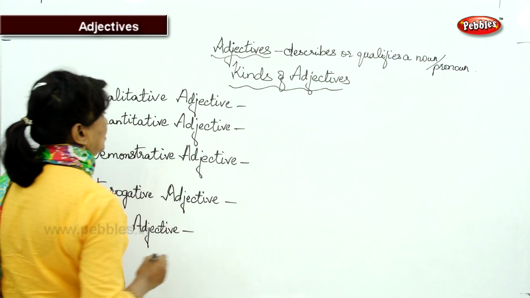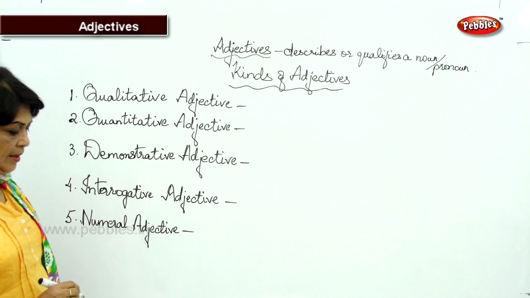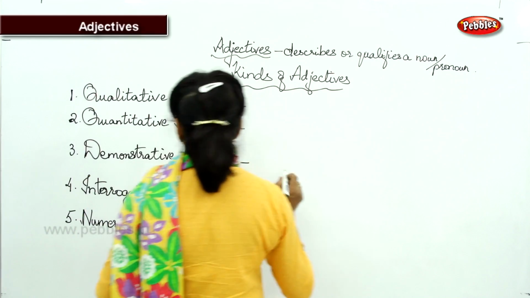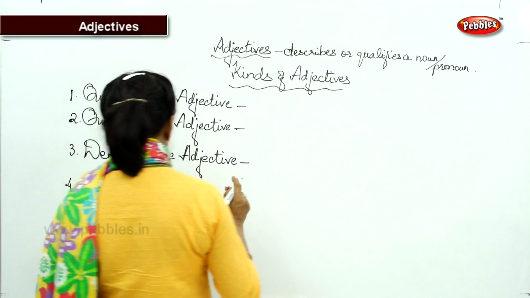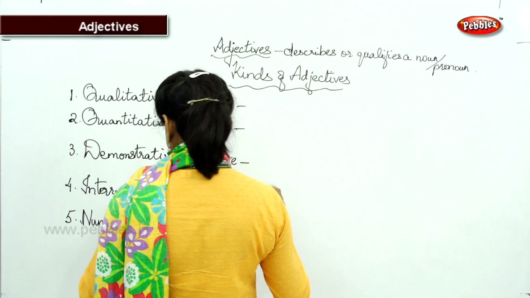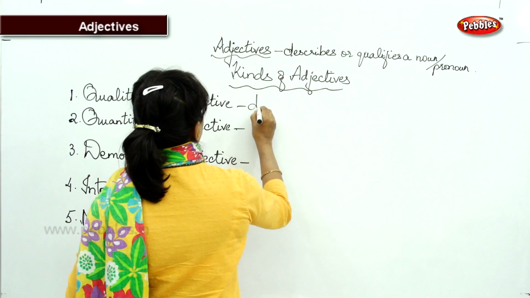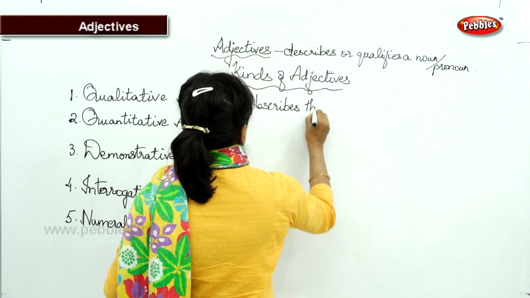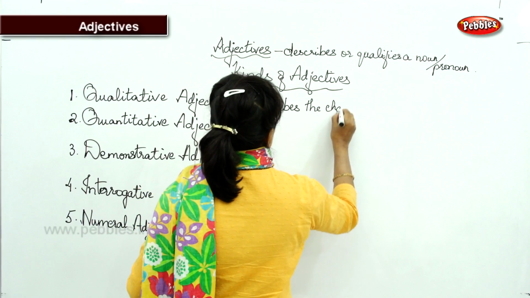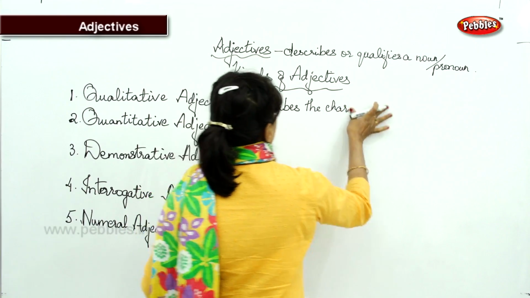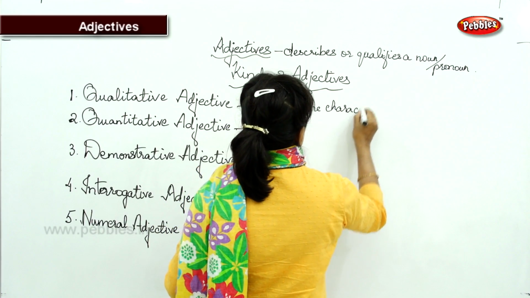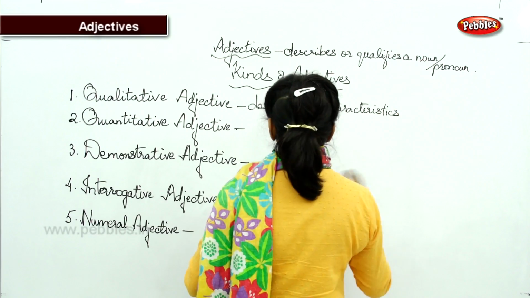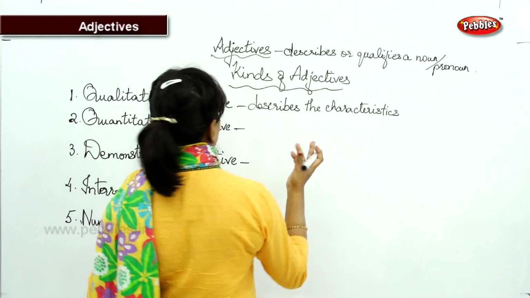Okay, so you see the 5 kinds, and what does each adjective do, we will see. It describes the characteristics of the noun.